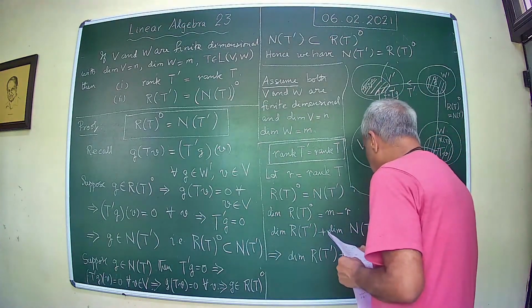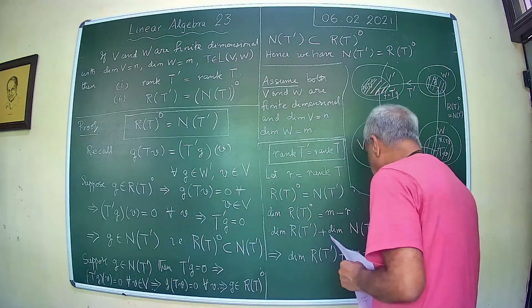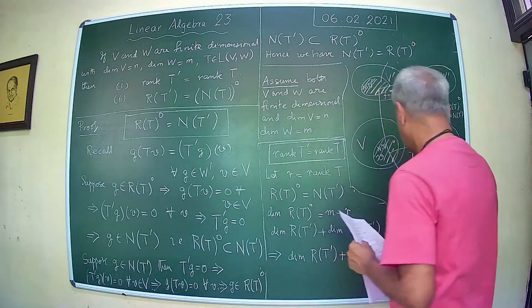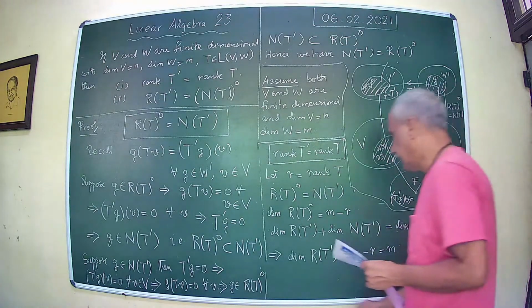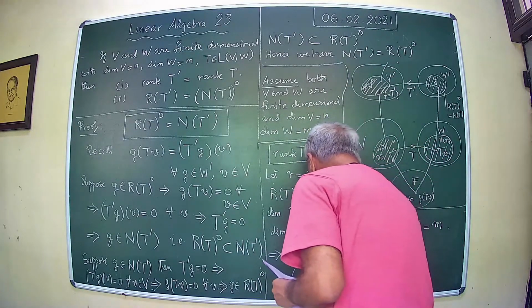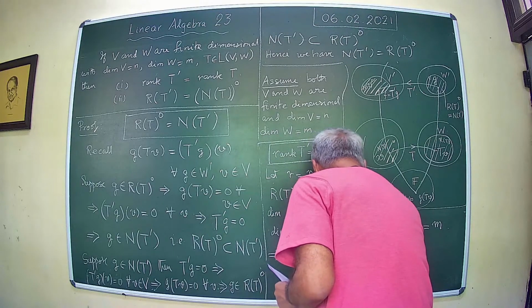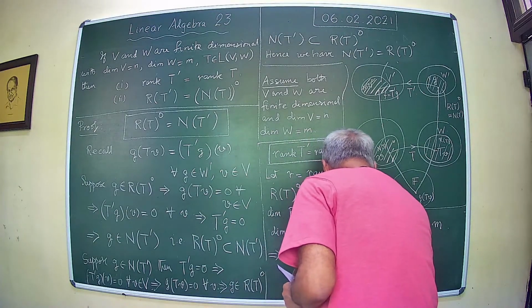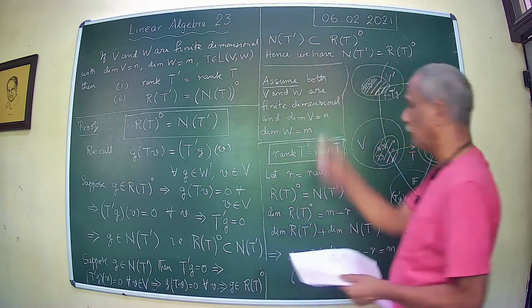This is equal to M minus R, and that's equal to M. Here we are using the fact that RT prime, which we have proved already.